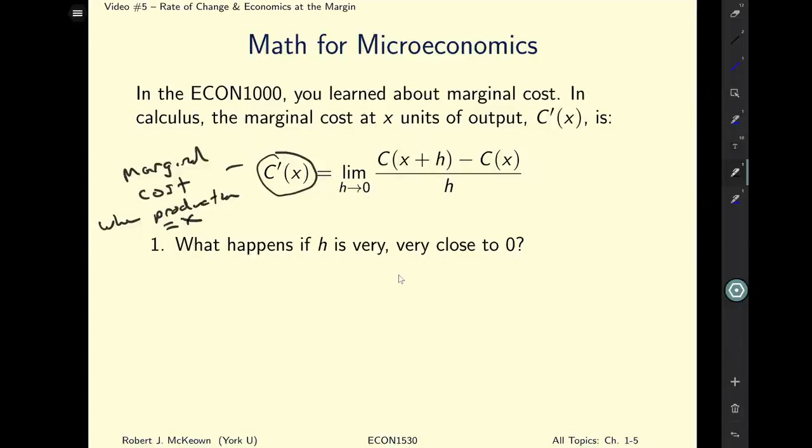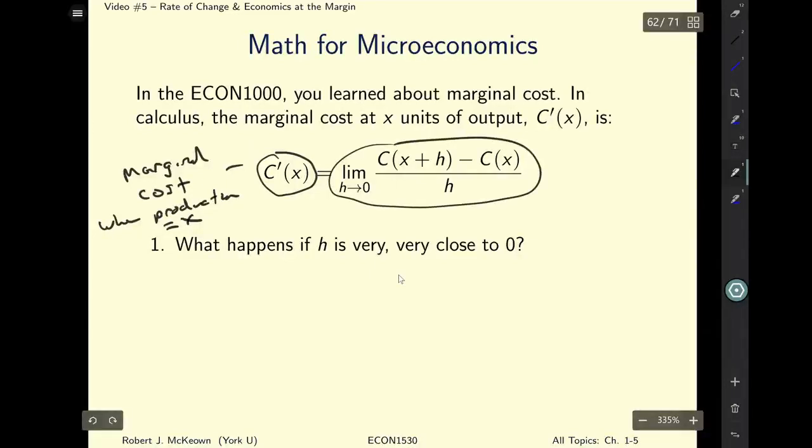later in this video. Now, if h is very, very close to 0, but not equal to 0, this thing here is just going to be equal to c(x + h) minus c(x), over h.